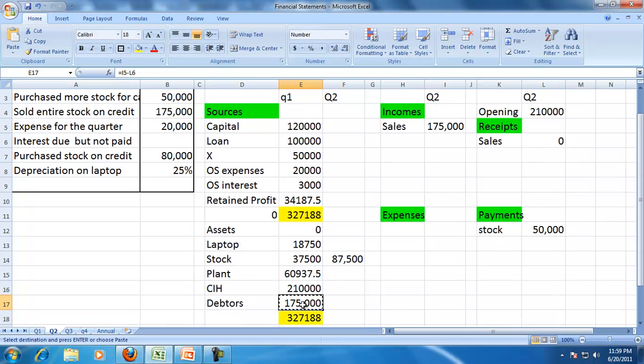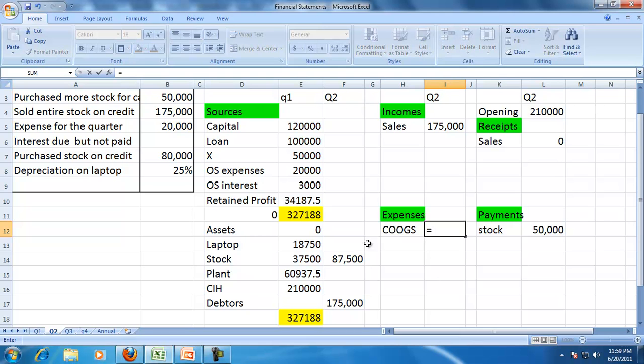I should put it here in the second quarter. And expenses for the quarter, once again I forgot to put the cost of goods sold, and the cost of goods sold is 87,500. So the entire stock will vanish now because you sold the entire stock.